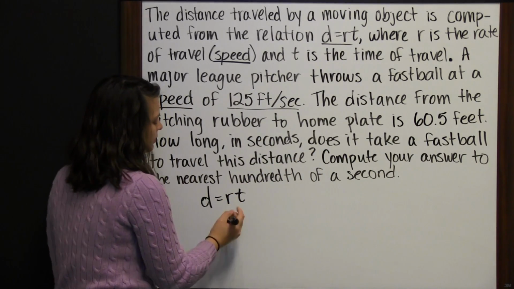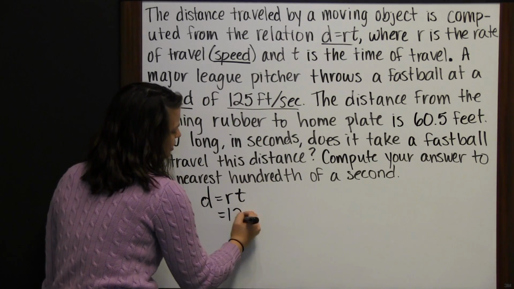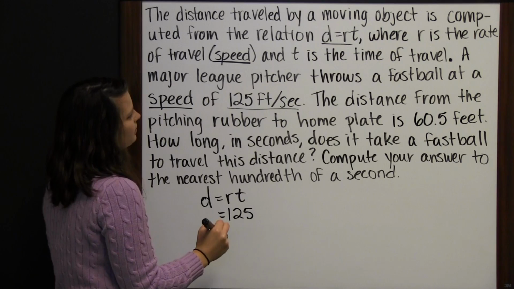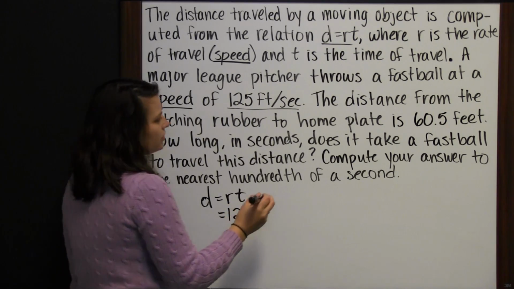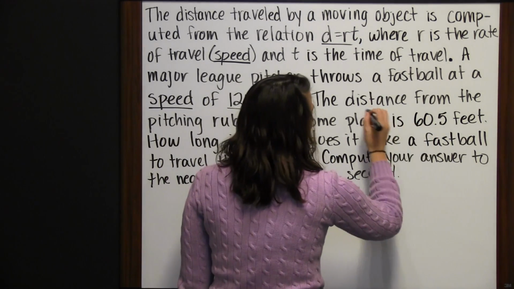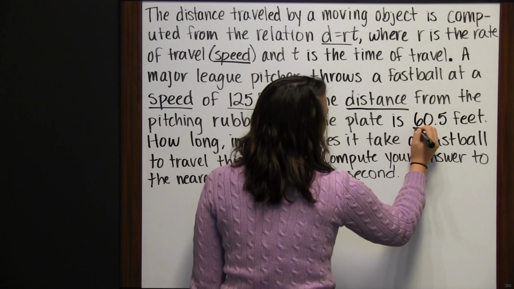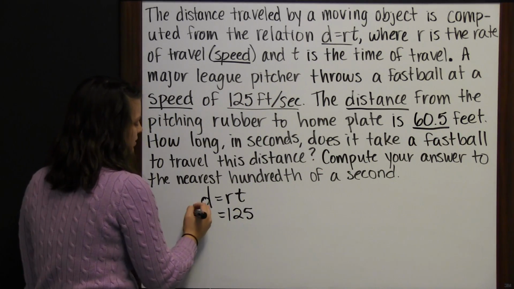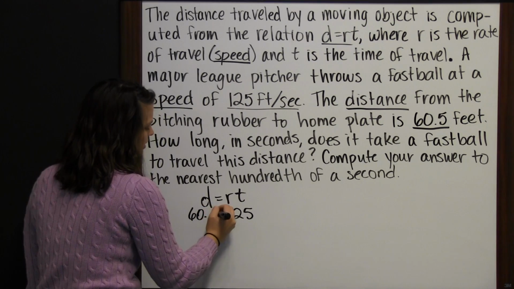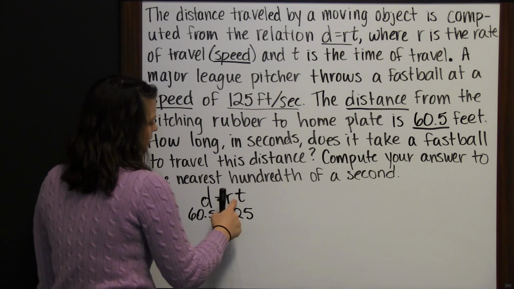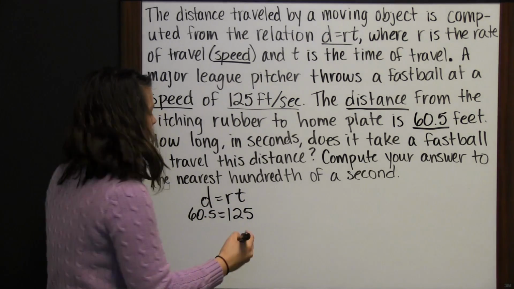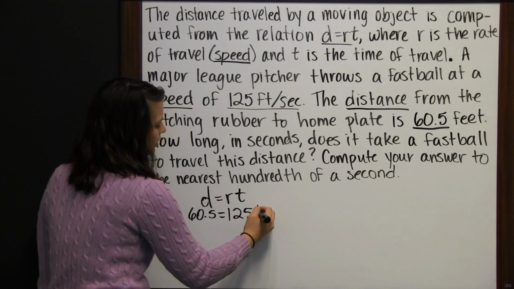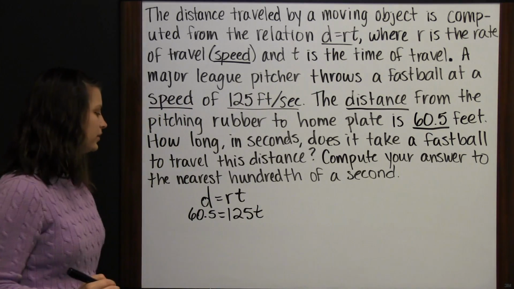So that means I'm going to replace r with 125. Then they also gave me the distance, 60 and 5/10 feet, which means I'm going to replace d with 60 and 5/10. And so t is what I'm trying to find. So the t will stay there in my equation.